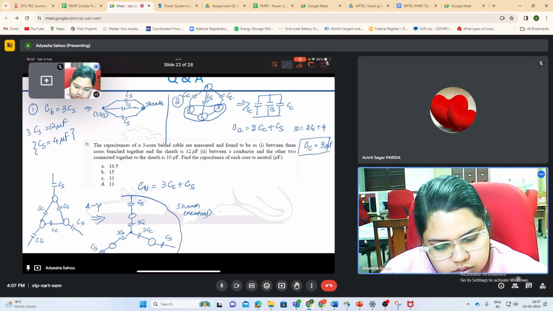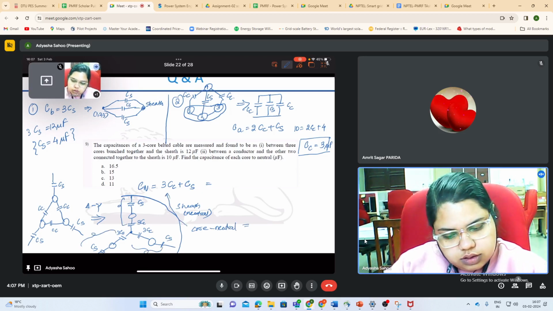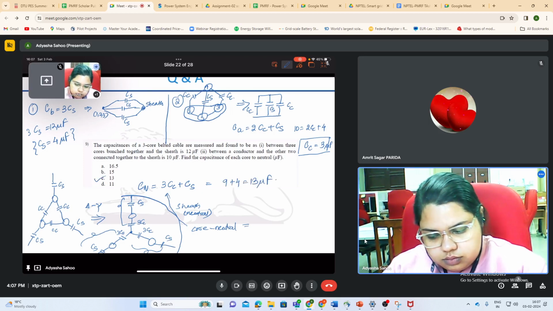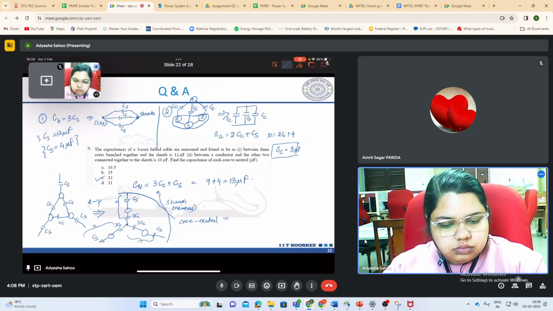So you can see core to neutral will be this or this or this. Hence you get 9 plus 4, which is 13.